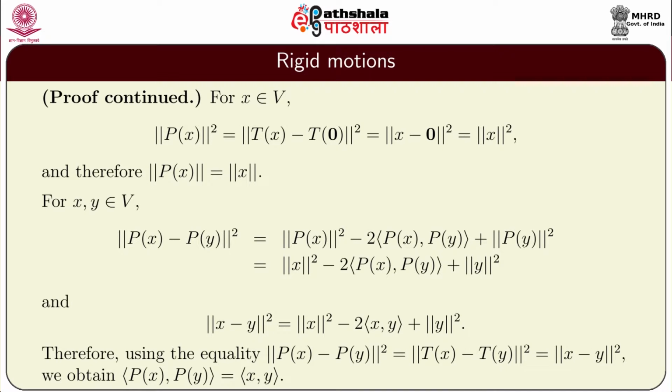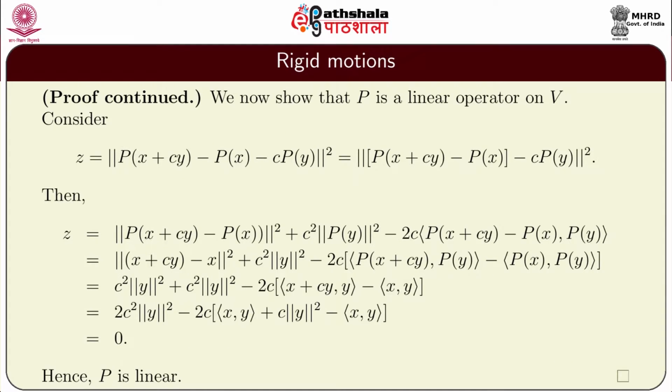Therefore, using the equality norm of Px minus Py square is equal to norm of Tx minus Ty square is equal to norm of x minus y square, we obtain inner product Px Py is inner product xy. We now show that P is a linear operator on V, and then we are done.